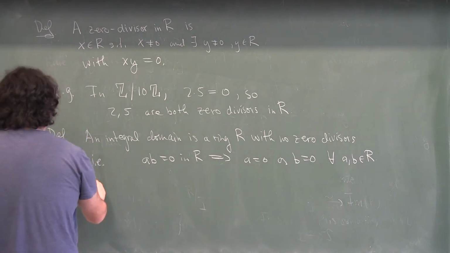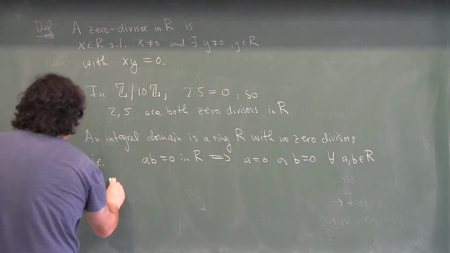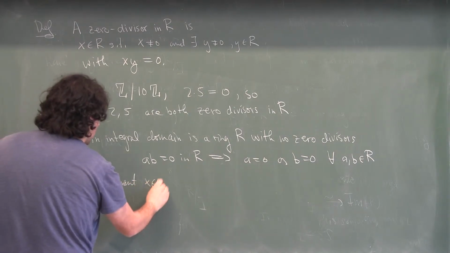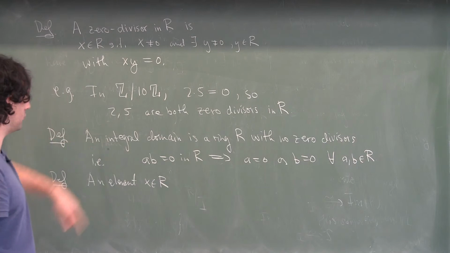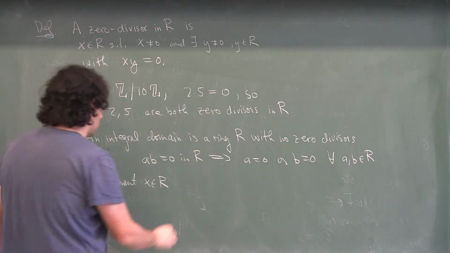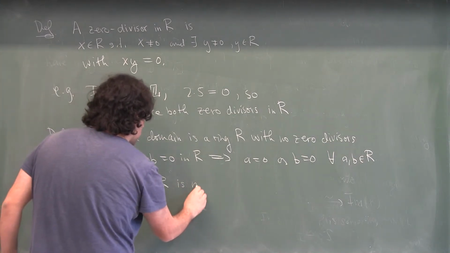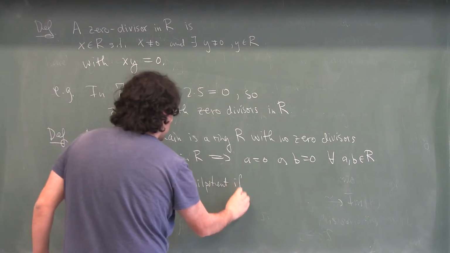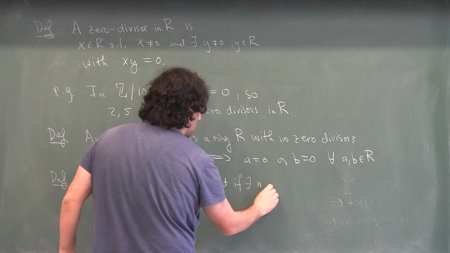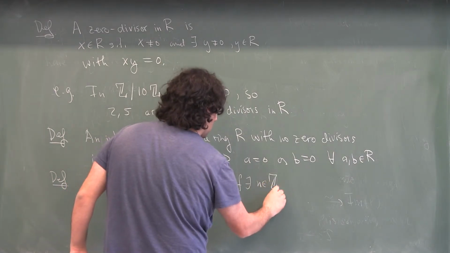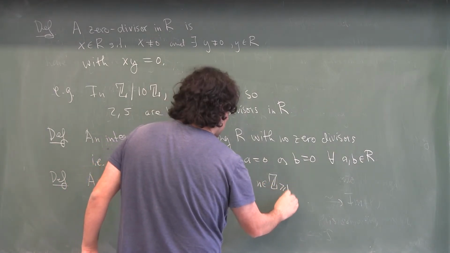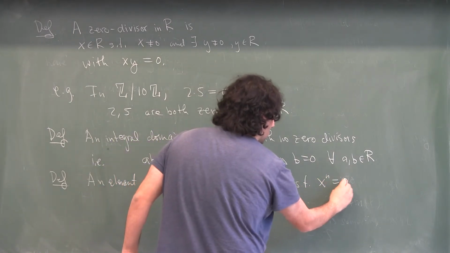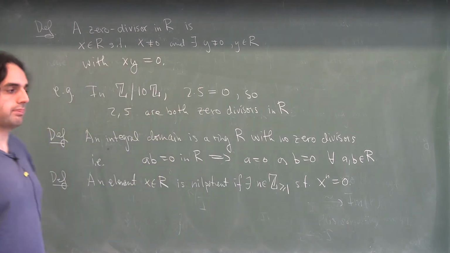An element x in a ring R, where R is no longer assumed to be an integral domain, is nilpotent if there exists n, a positive integer, such that x to the n is equal to 0.